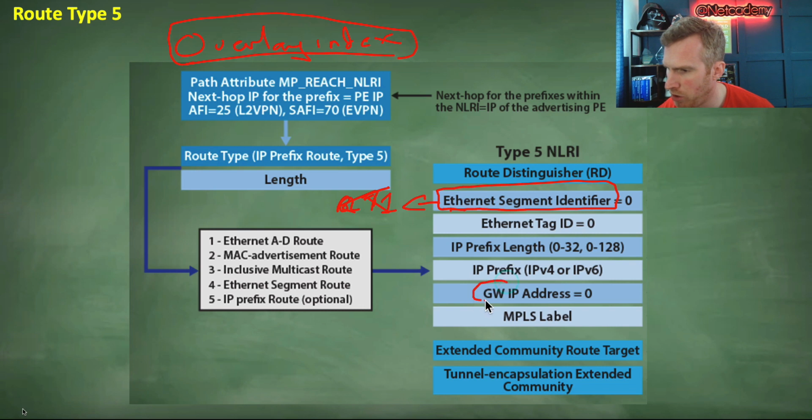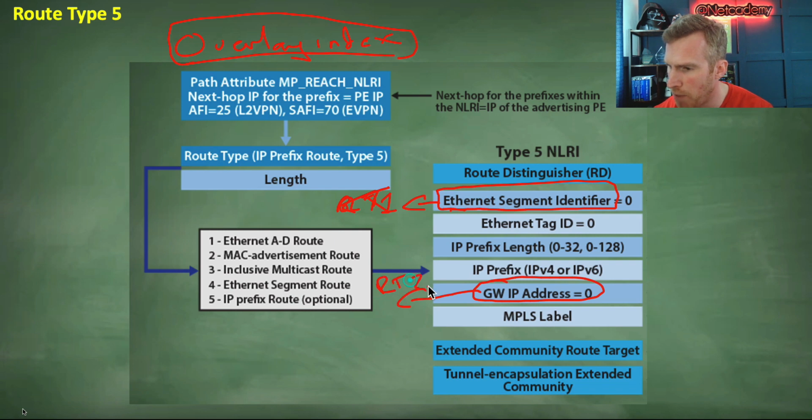What it also defines is you could use a gateway IP address. Now, to have the gateway IP address, what do we need? What does the receiving device need to have received previously, or at the same time, or at a later time? Very, very small thresholds, obviously, between receiving this route type 5 and this route type 2.